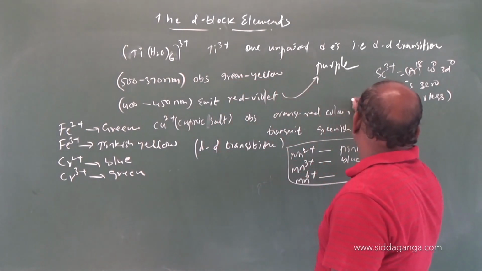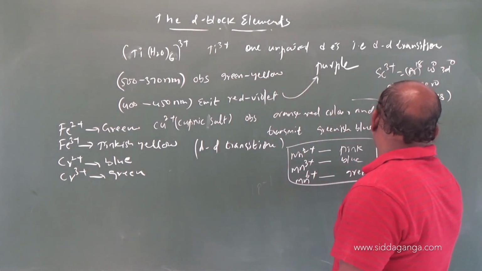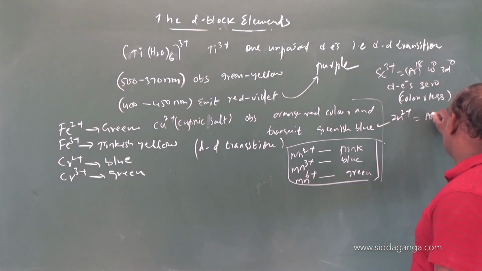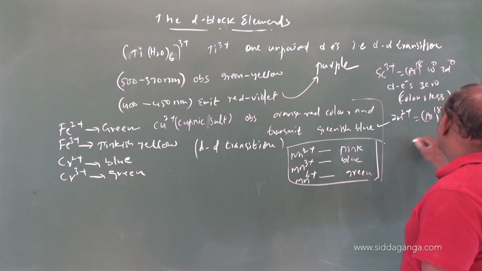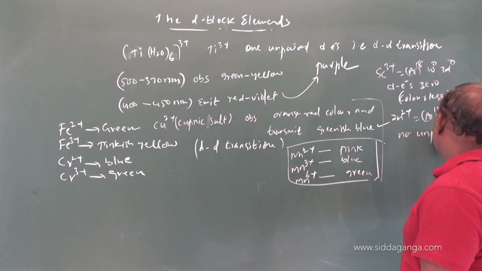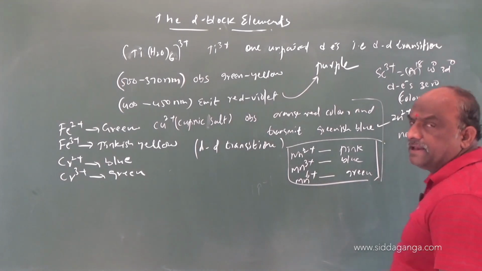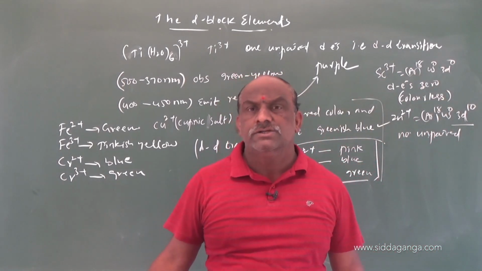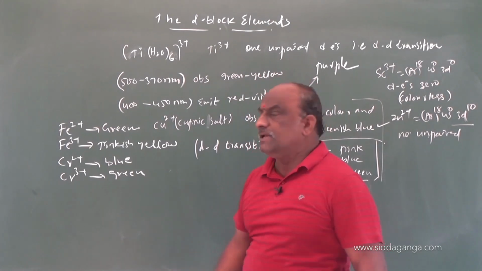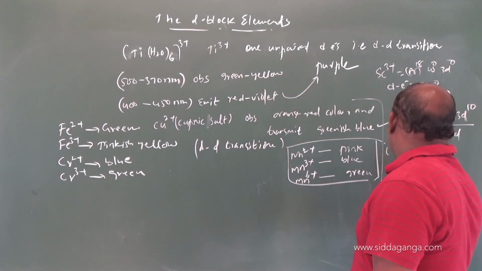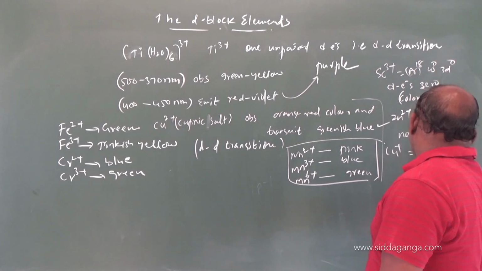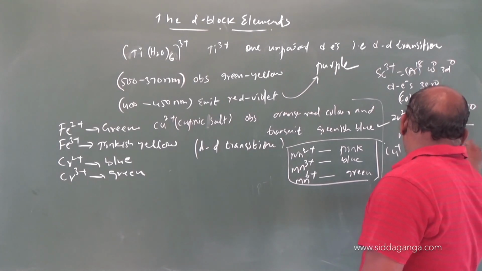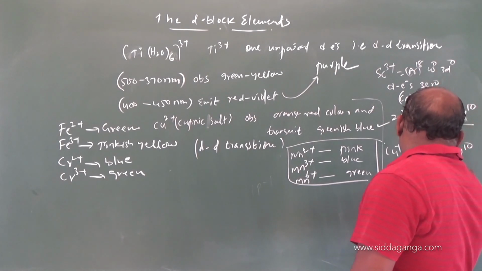After scandium 3+, the next example is Zn2+: argon 18, 4s0, 3d10. Here also there are no unpaired electrons, so it is colorless. Cu+, cuprous, is argon 4s0, 3d10, colorless.